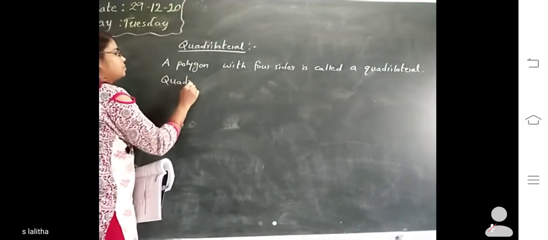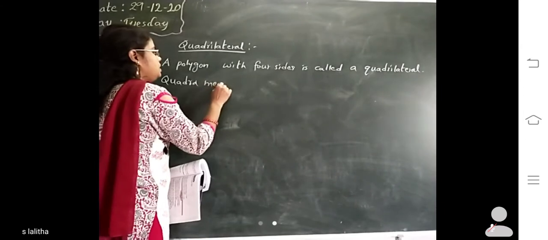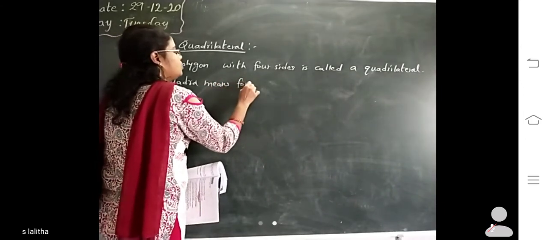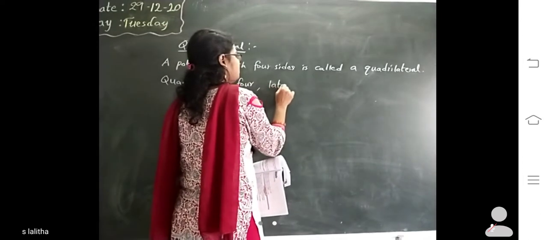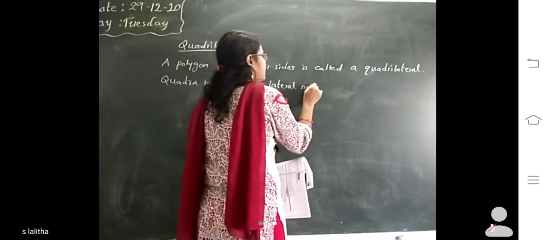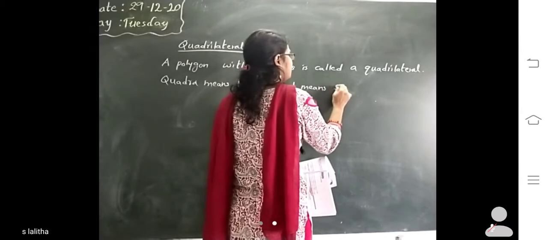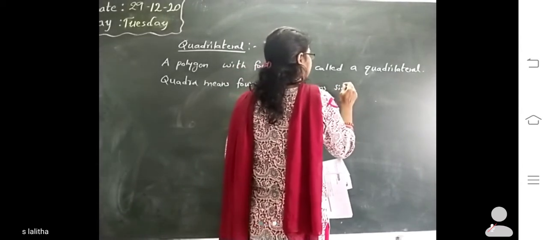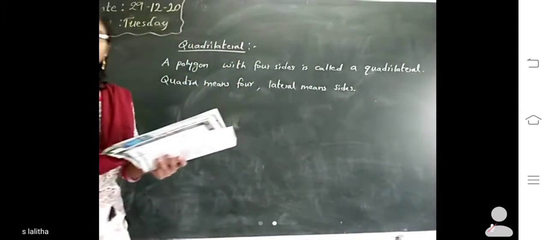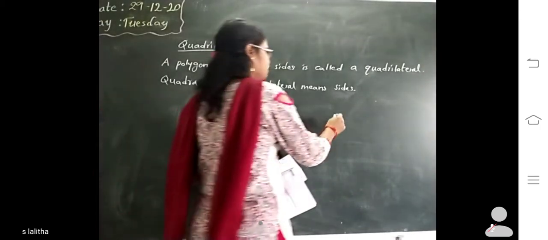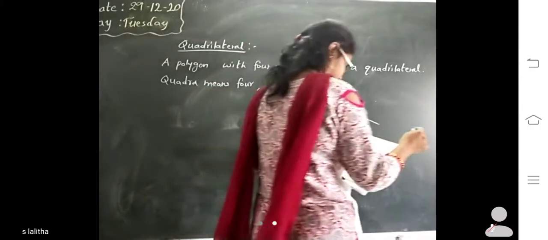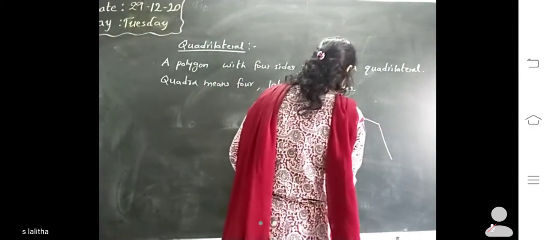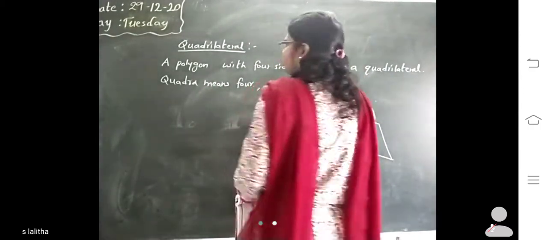Quadra means 4. Lateral means sides. Okay. Draw this picture. Is called quadrilateral.